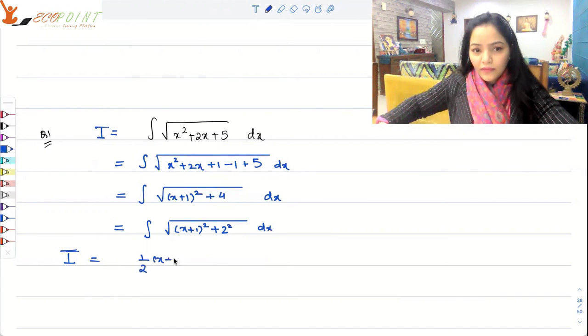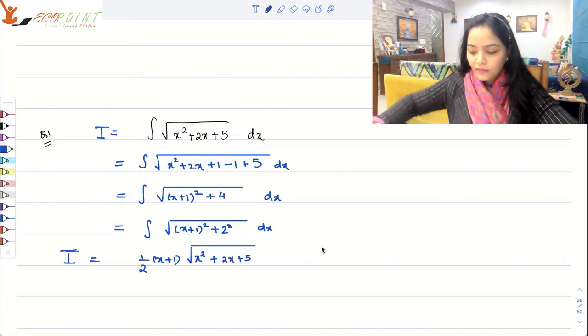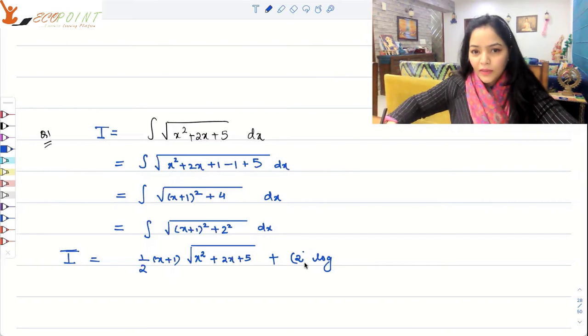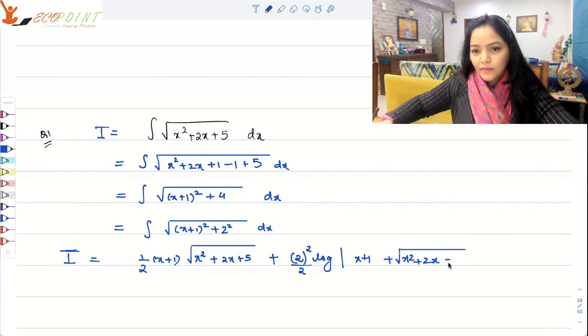The x that you have is 1 plus x, into the square root of x squared plus 2x plus 5, plus 2 times log, that is basically a square is 2 square upon 2, log mod x plus 1 plus square root of x square plus 2x plus 5.